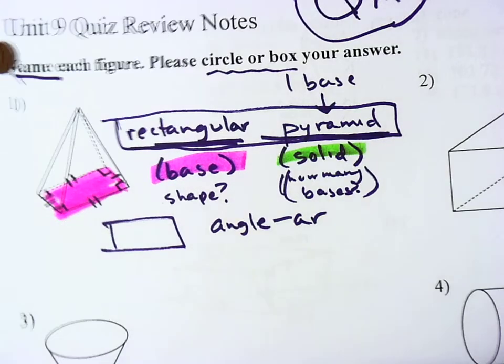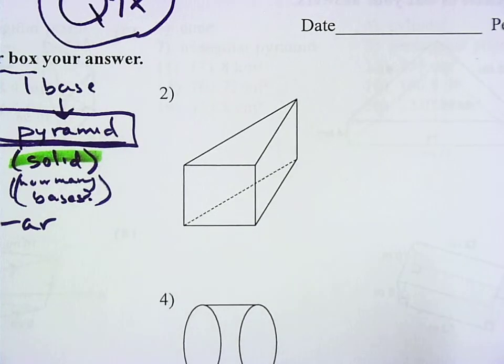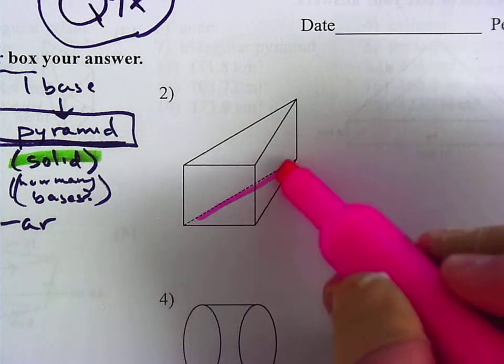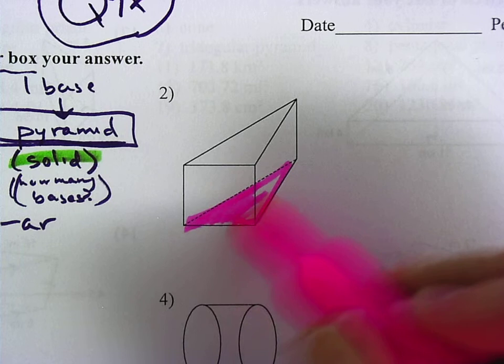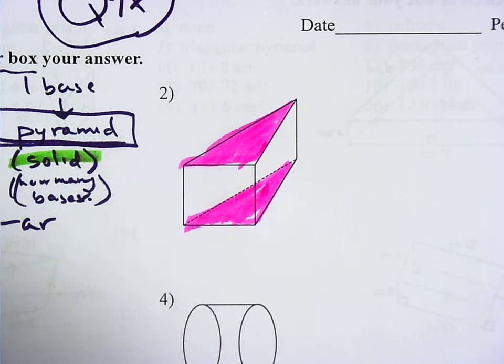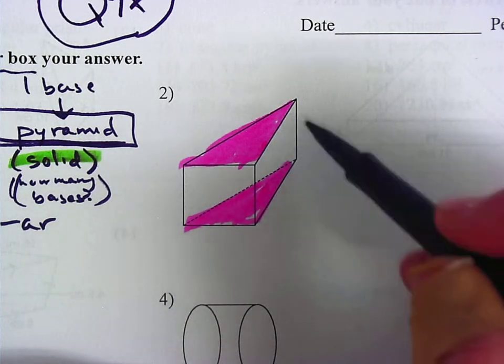So for instance, if we look at number 2, we're going to ask ourselves, what's the base or what's the bottom here? Well, actually, it looks like these things right here, these are our bases. The way I can tell that is because these sides are all rectangles.